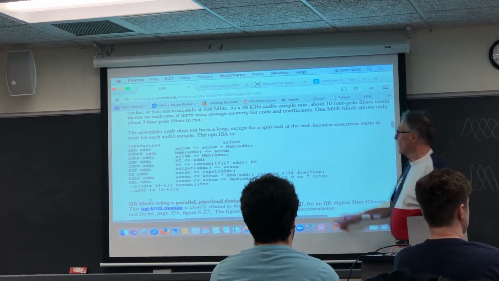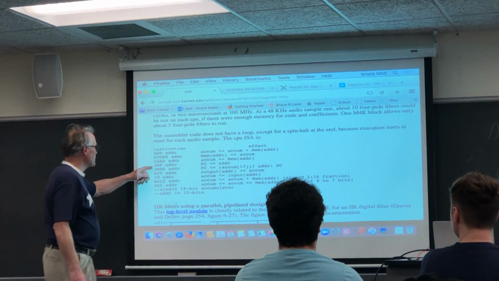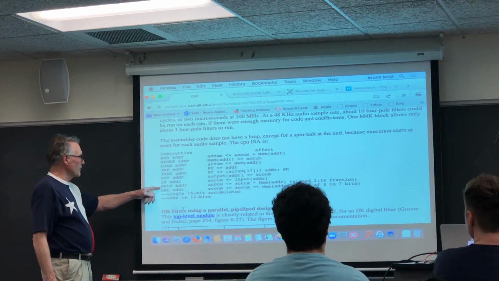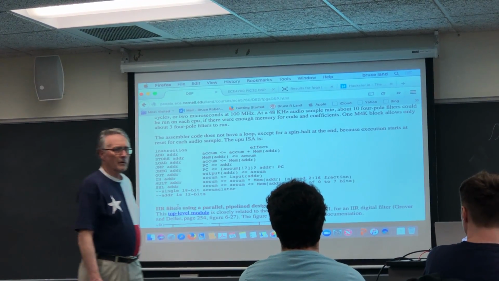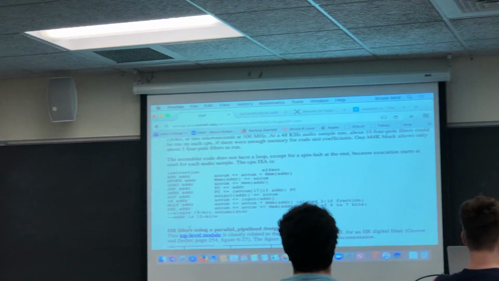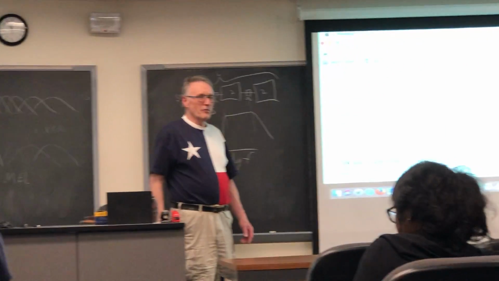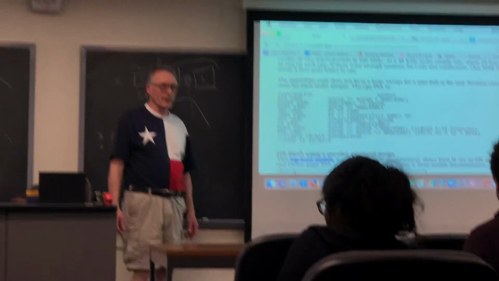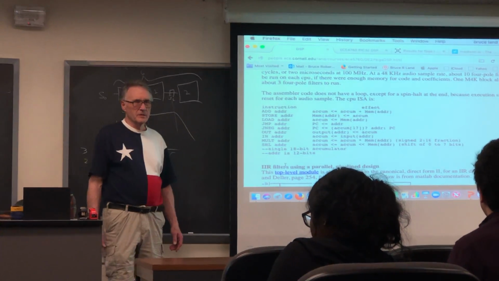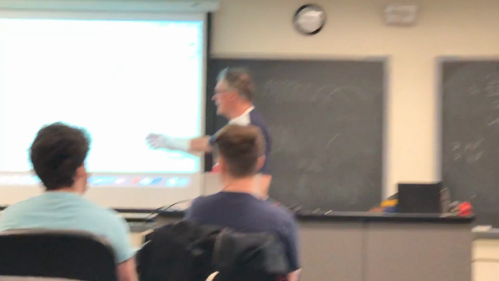These are the only instructions in the ISA: add, store, load, jump negative, out, in, multiply, and shift left. That's all you need for a multiply and accumulate. So it was an 8 instruction computer, which may or may not be Turing complete, but I didn't care, because all I'm doing is to step through a series of multiplies and adds.